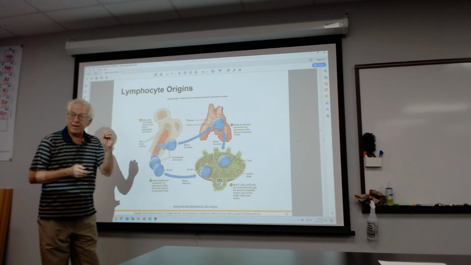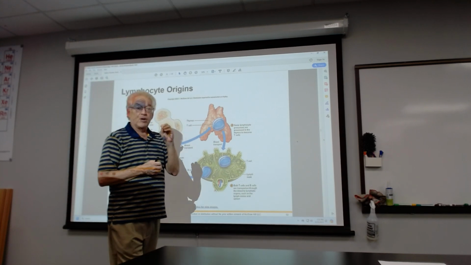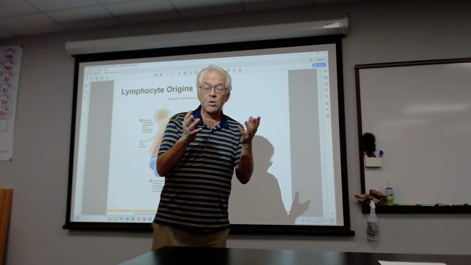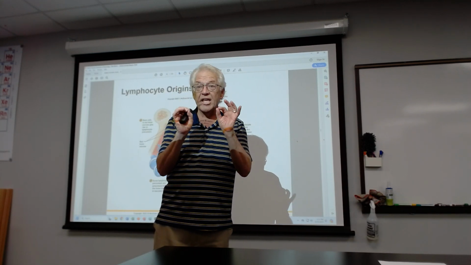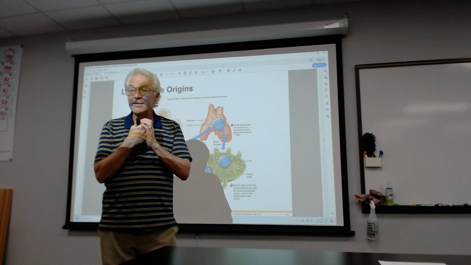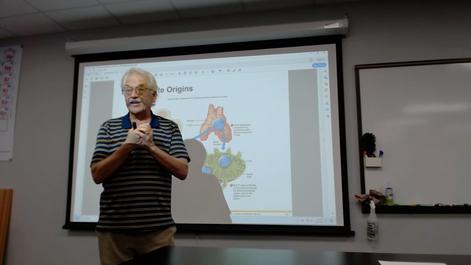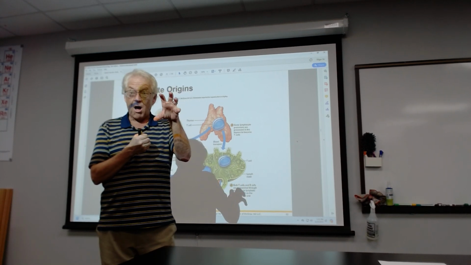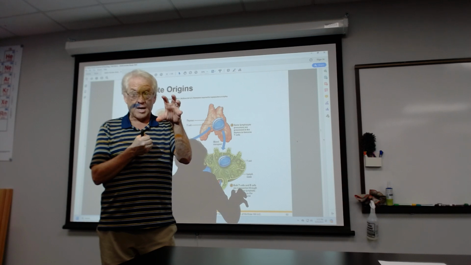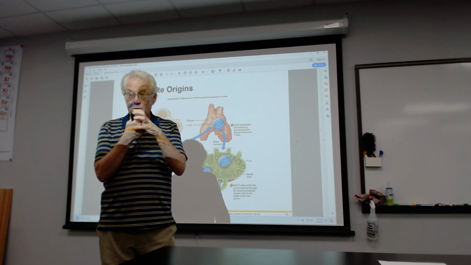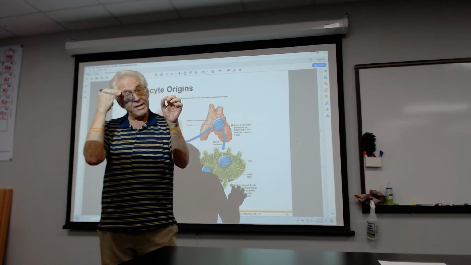When they are trained, meaning they can recognize self and non-self, when they are done with school, we say they are naive. Why? Because they have not made contact with their specific antigen yet. But they have the shape on their receptor for it. It just has not made contact. So that is called being naive.